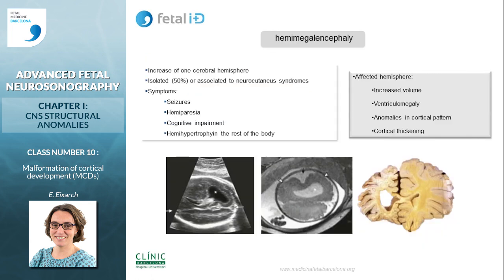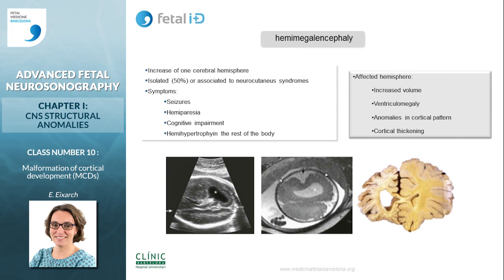Another entity diagnosed through the detection of macrocephaly is the hemimegalencephaly, which is due to the overgrowth of one cerebral hemisphere, can be isolated in 50% of cases, and in the other 50% of cases is associated to neurocutaneous syndromes.